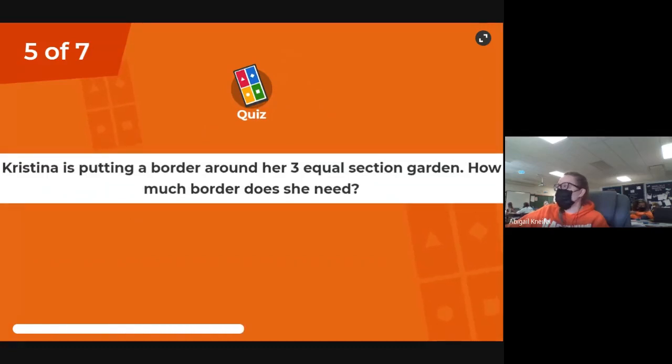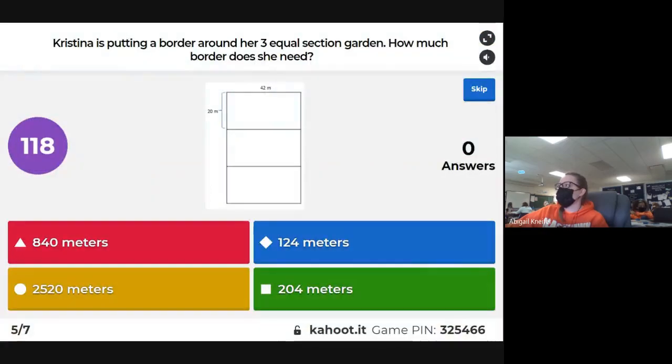Krista's putting a border around a 3 equal section garden. How much border does she need? So there's 3 of them. She's putting a border around all of them. How much does she need? She's doing a border. Border means around, okay? Border means around.